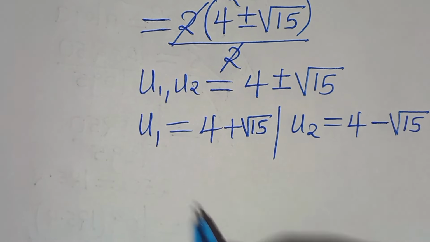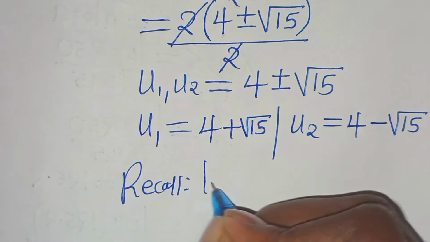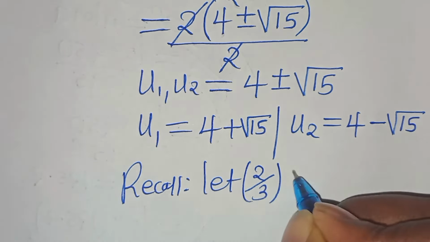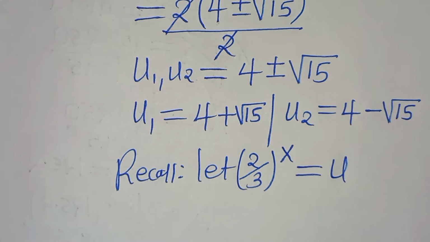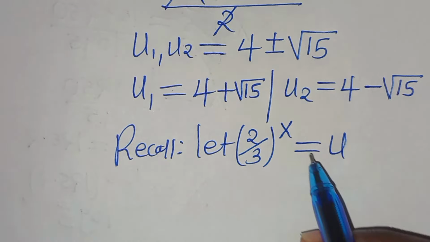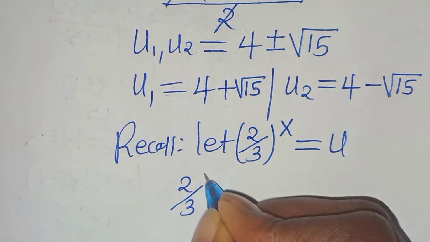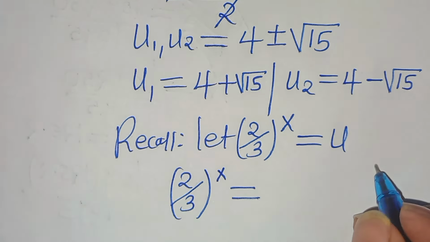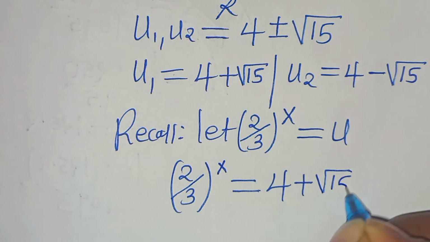Now, if you recall, we are saying that let (2/3)^x be equal to u. Now, substituting, let's start with u1. So we have (2/3)^x equal to 4 plus the square root of 15.